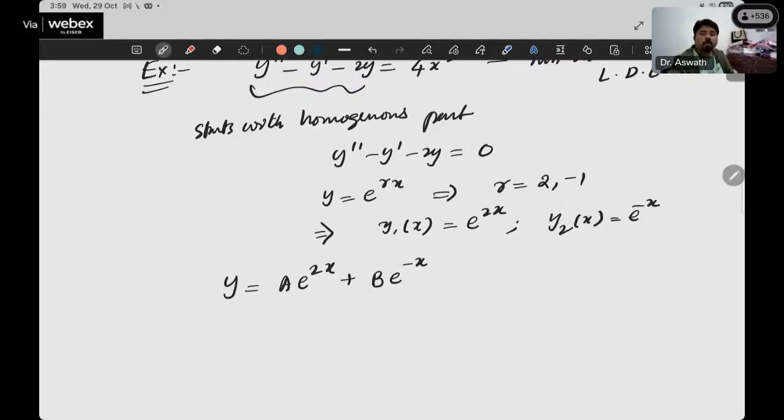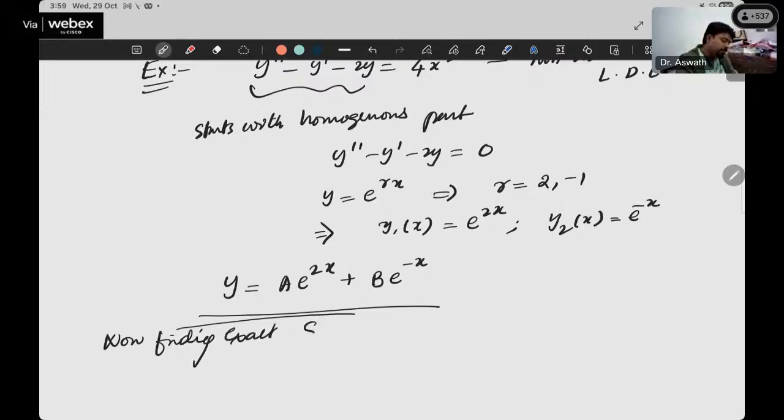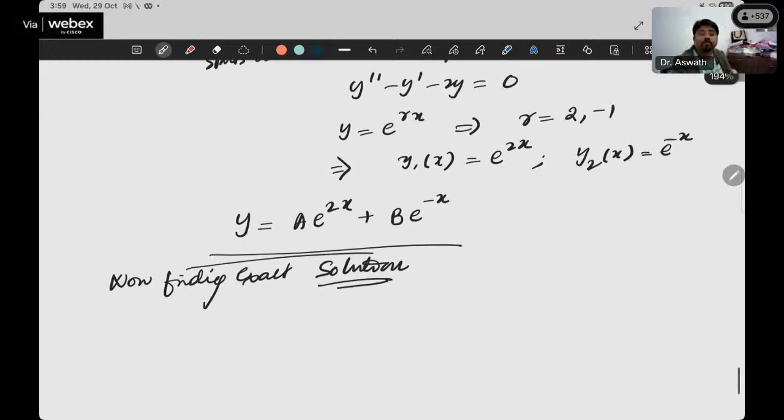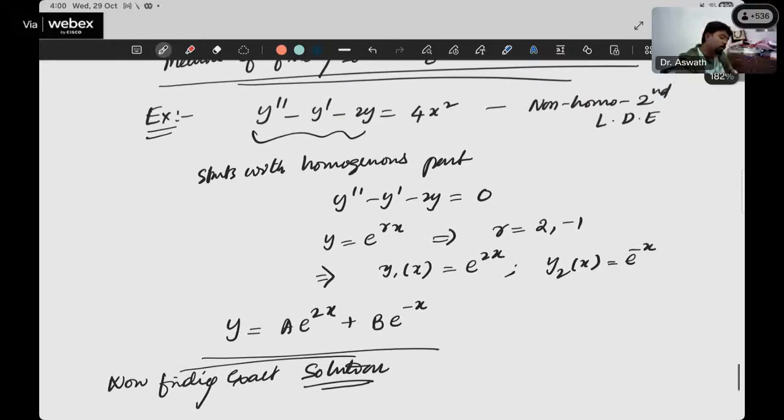Now, the explicit solution I want to find, the exact solution, could be slightly different from this, because it is going to depend on the x component.